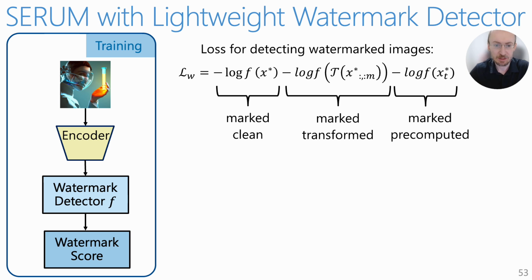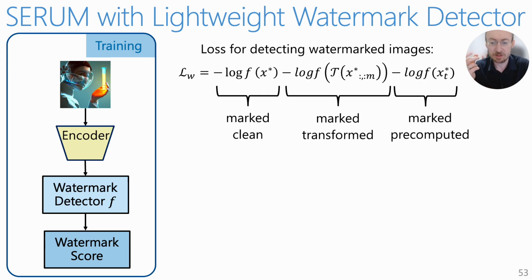And the final subterm is a minus log of f(x*_t). So this is for pre-computed transformations. Doing the prioritization with the prioritized experience replay is relatively costly, but you can also just pre-compute many augmentations of the given image and then just take the pre-computed augmentations.